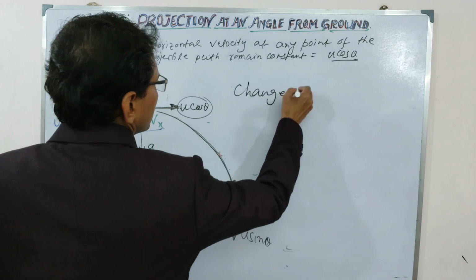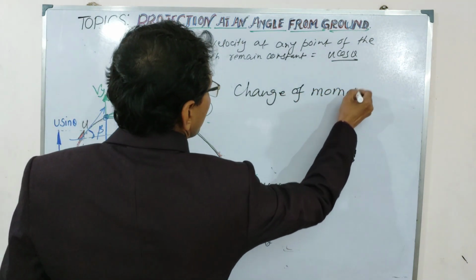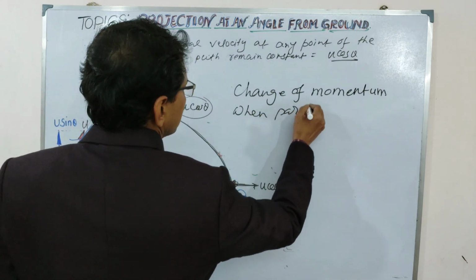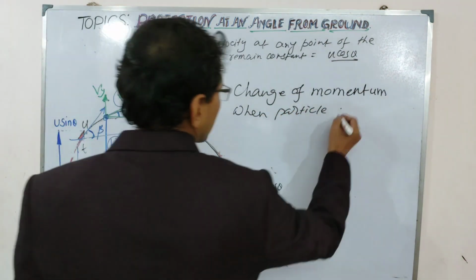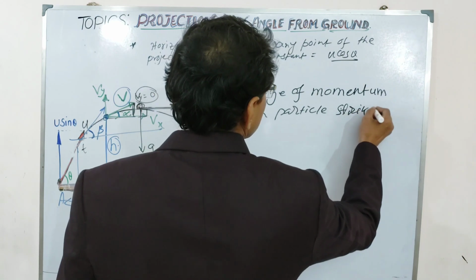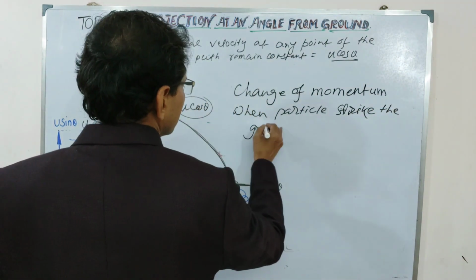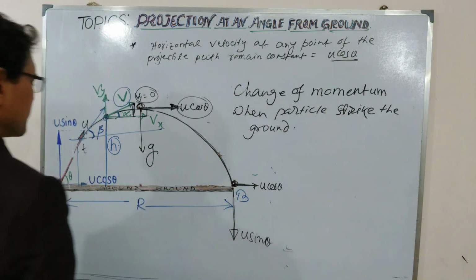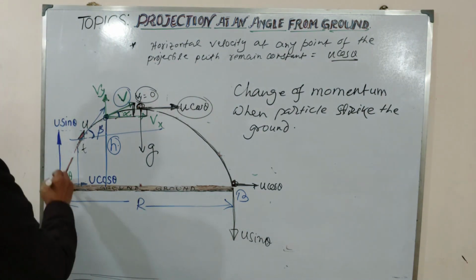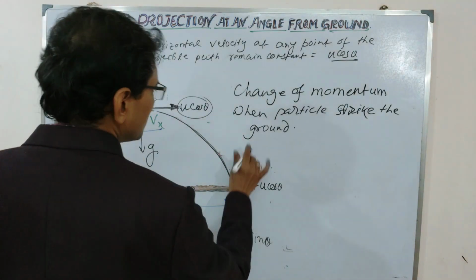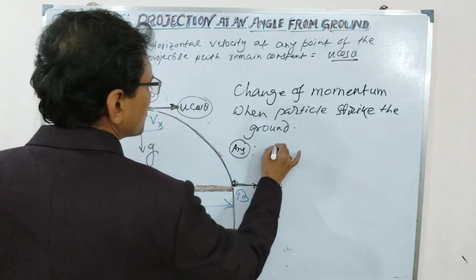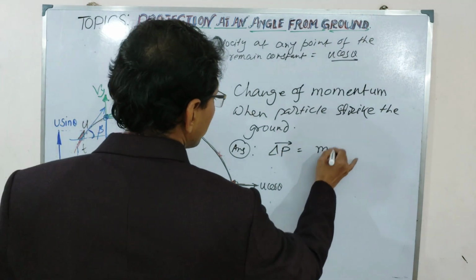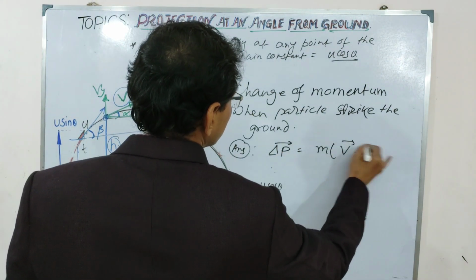Change of momentum when particle strikes the ground. Now change of momentum, we know change of momentum del P, vector quantity, m (v minus u).